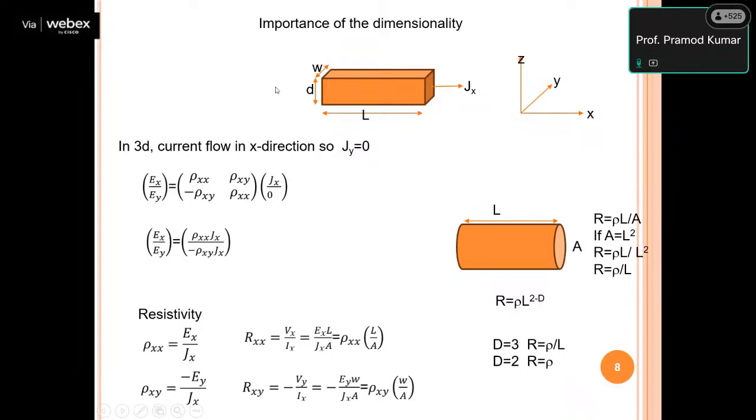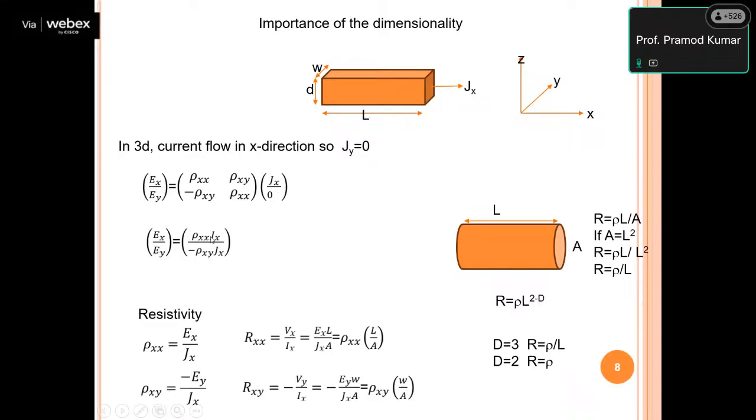So rho xx, rho xy, minus rho xy, rho xx. And try to look here, because current is flowing only along the x-axis, it means the y component of current is 0. So we can easily write jy equal to 0. So Ex equals rho xx jx and Ey equals minus rho xy jx.